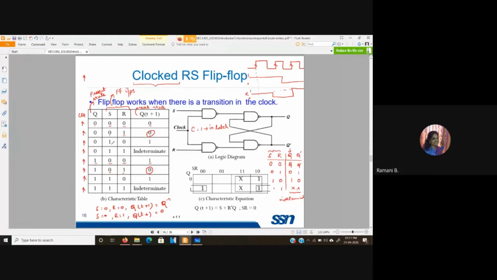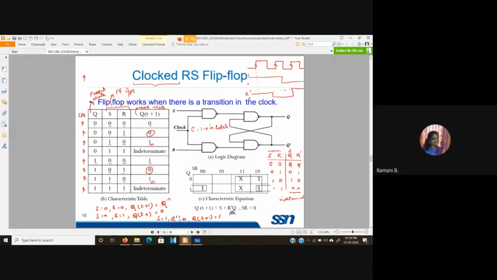Then the third condition is 1, 0, that is S equal to 1 and R equal to 0, which is our set condition. So irrespective of the Q value, Q of t plus 1 is equal to 1.